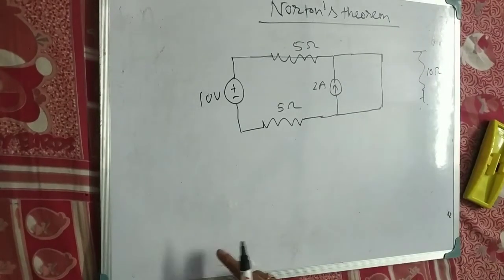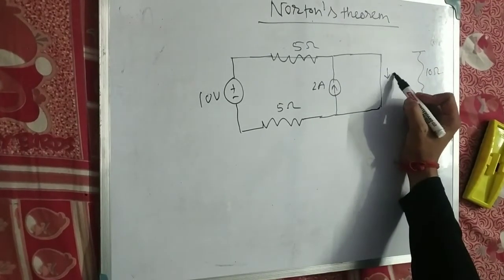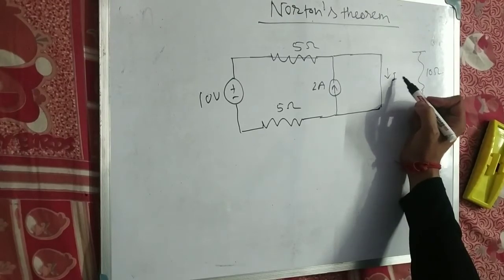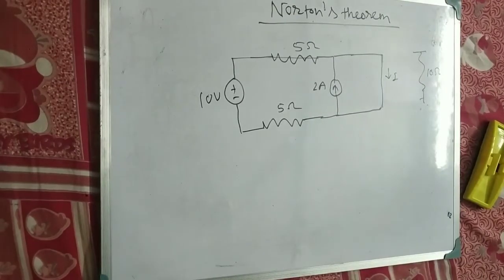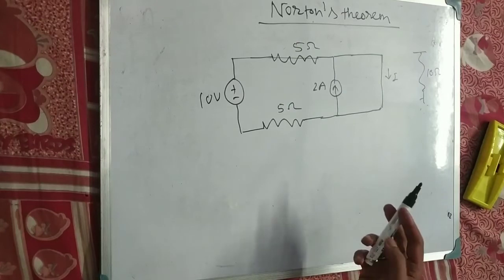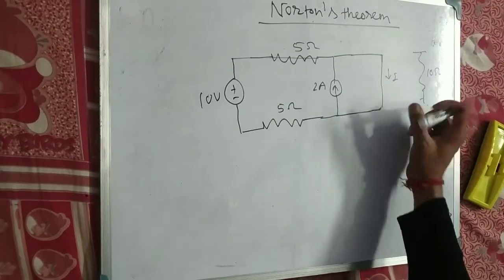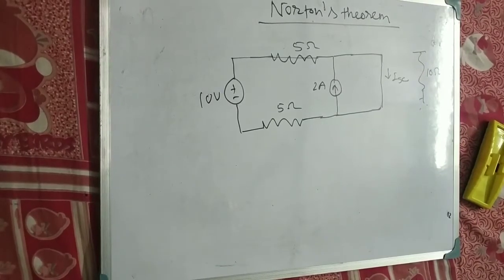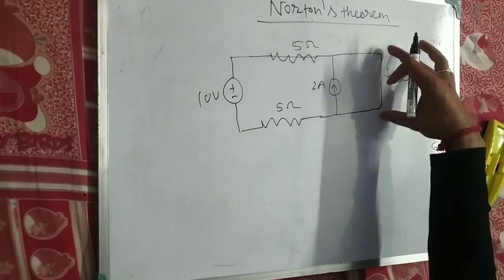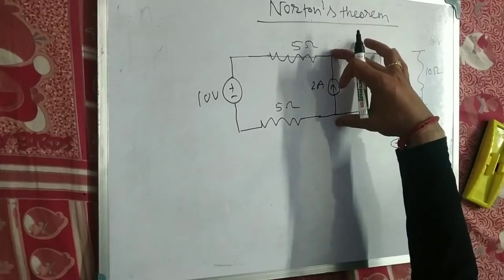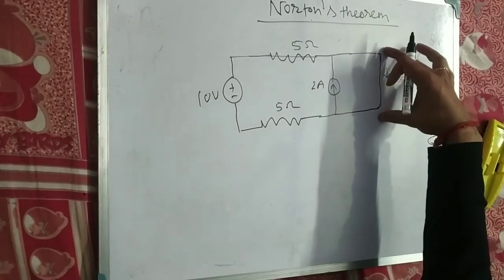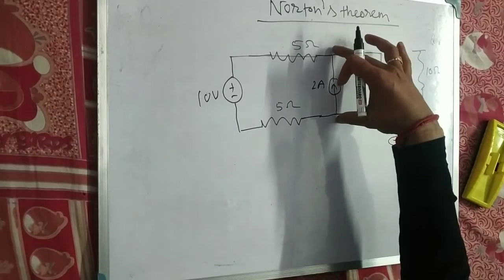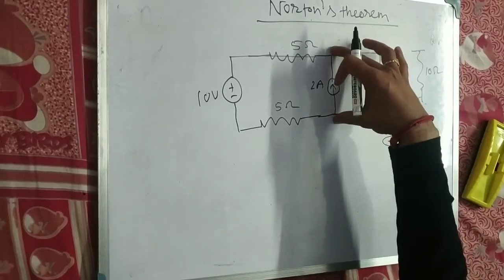Then I have to find the short circuit current. Here you can see this terminal voltage is 0. This is short circuited, so the voltage across the current source is 0 volt.